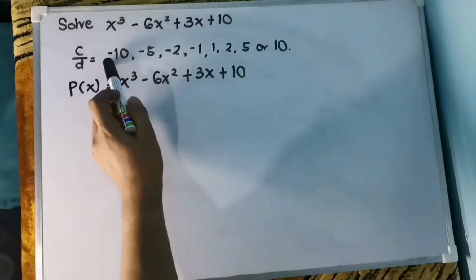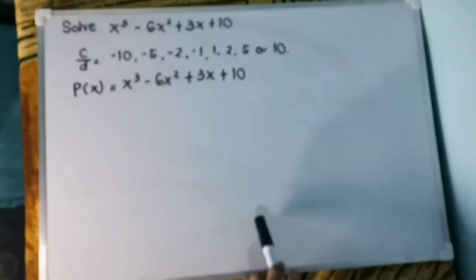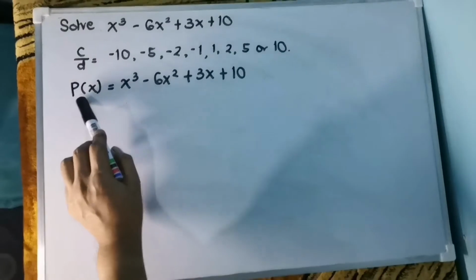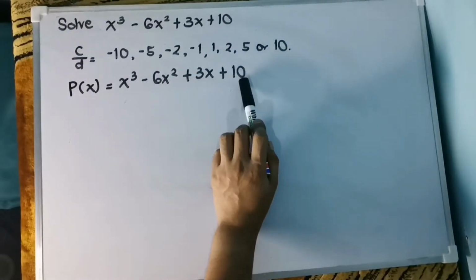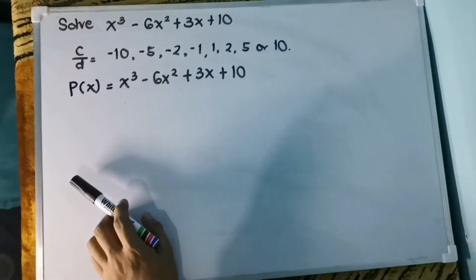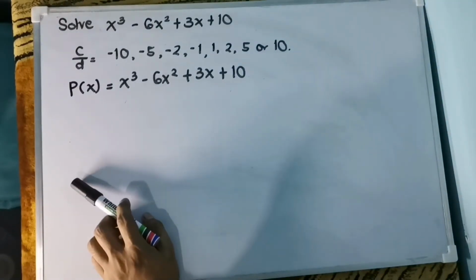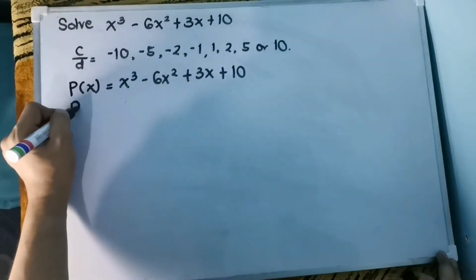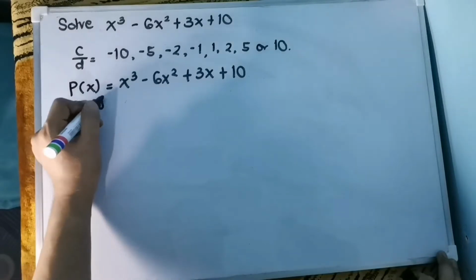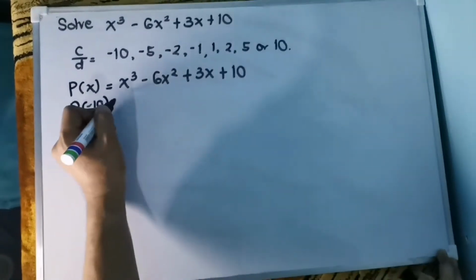Then, we are going to check these values by substituting in p of x equals x cubed minus 6x squared plus 3x plus 10 to see if any of these values is 0 or a factor. So, we will be starting with p of negative 10, and it should be p of x equals 0.